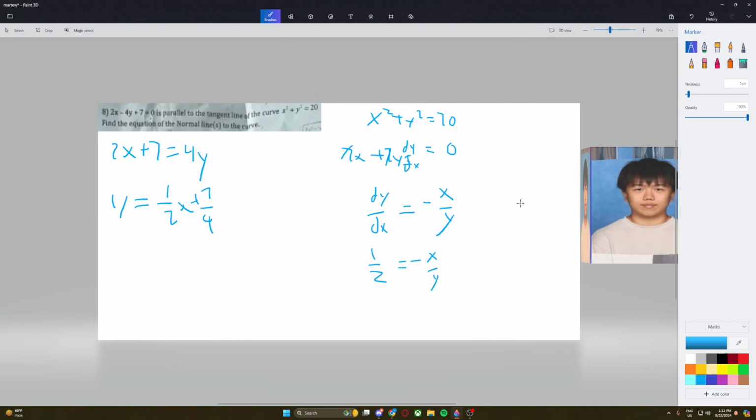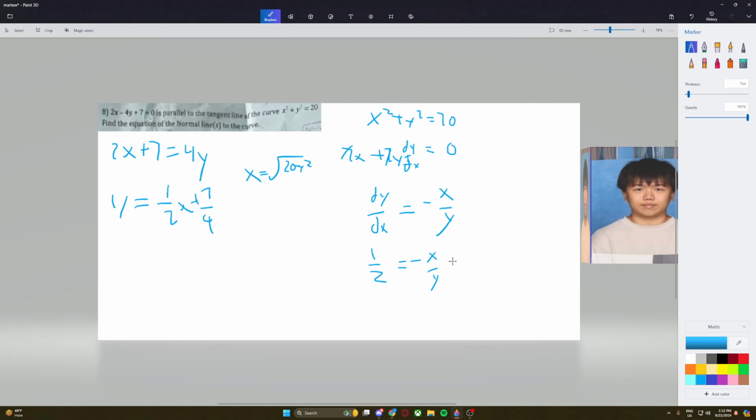And to solve for one of them, let's solve for x. It would just equal the square root of 20 minus y squared. Those who know will know.